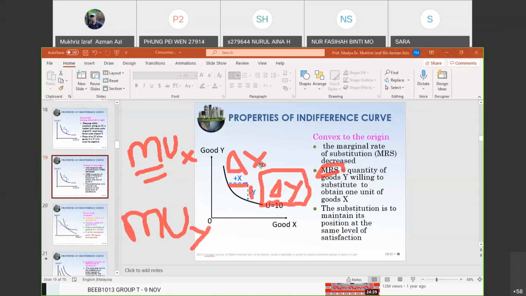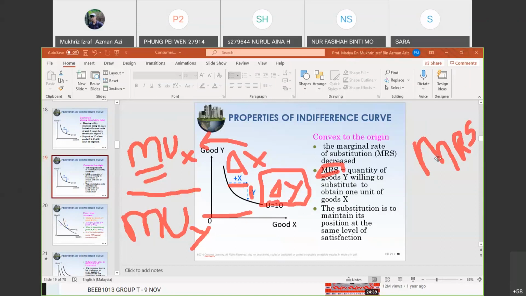Slope is change in X over change in Y. So change in X, in our context of the consumer indifference curve, we call marginal utility of X. This part, change in X, is also called MUX, and change in Y is also called MUY, marginal utility of good Y. So when you take MUX and MUY, mathematically it will be MUX divided by MUY, marginal utility of X divided by marginal utility of Y. So that will be the MRS. So when you ask what the slope of the indifference curve is called, it is called MRS.